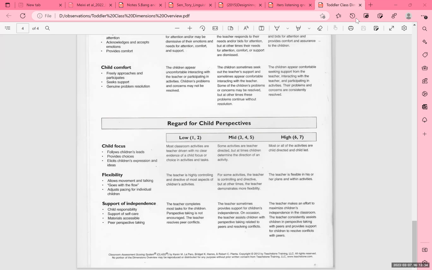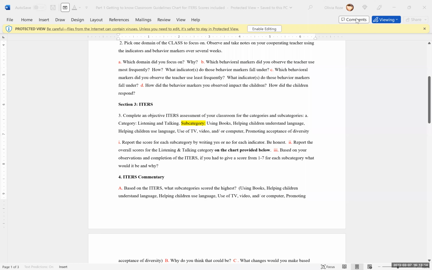Next section that was muddy for you was the ITERs. So let's take a look at those guidelines that I've updated for you, and then we'll take a look at the chart that you're going to print out and use when you're in the classroom. So the ITERs asks you to complete an objective assessment of the listening and talking section.